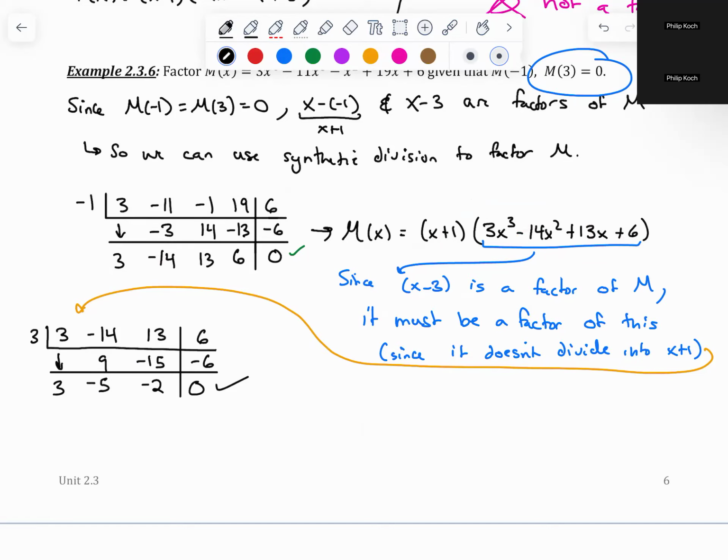So what this is telling us is that 3x cubed minus 14x squared plus 13x plus 6 can be rewritten as x minus 3 times 3x squared minus 5x minus 2. I'll let you write that down.